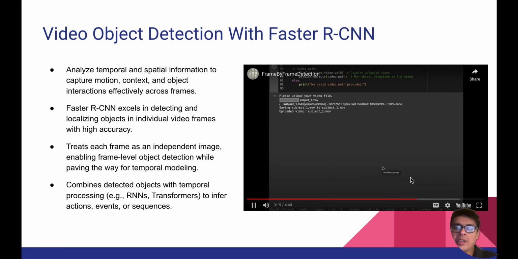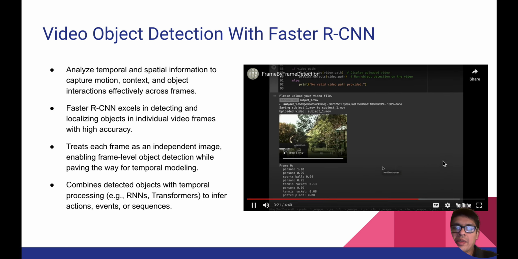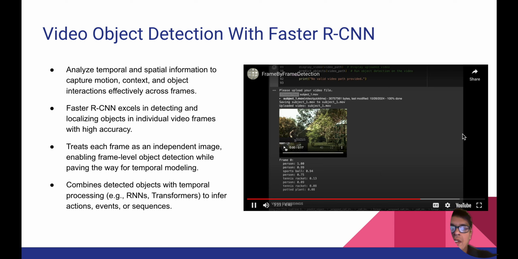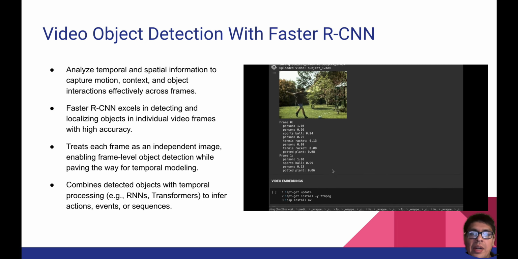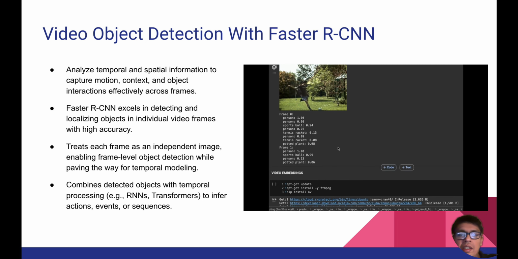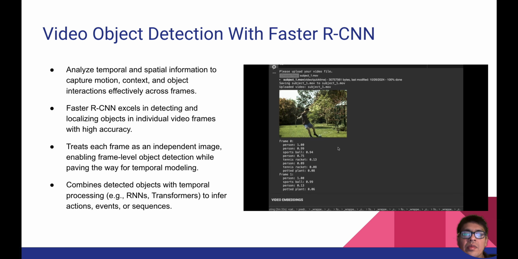So we're loading the video, and there we go. We have the video. As I run this, you can see there's some detection and probability. The frame-by-frame output for each frame is being loaded.